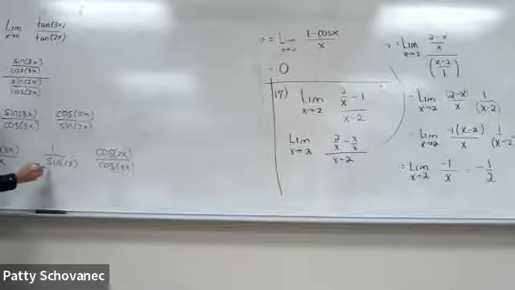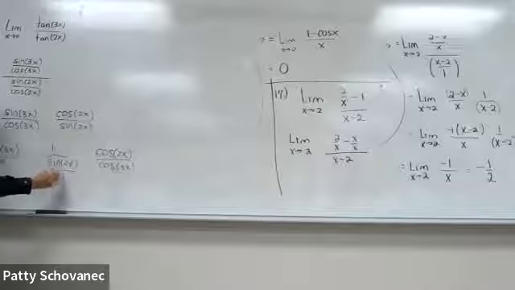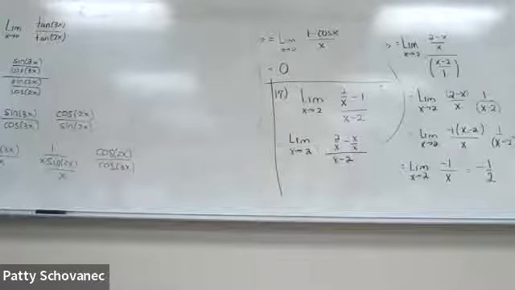I'm going to put an x here, but then I need to take it out here so that I'm multiplying by 1. You happy with that? Now I can take my limits. This limit is going to be how much?